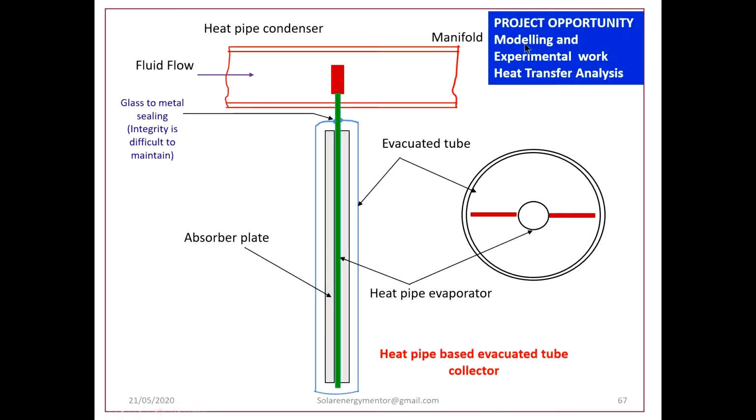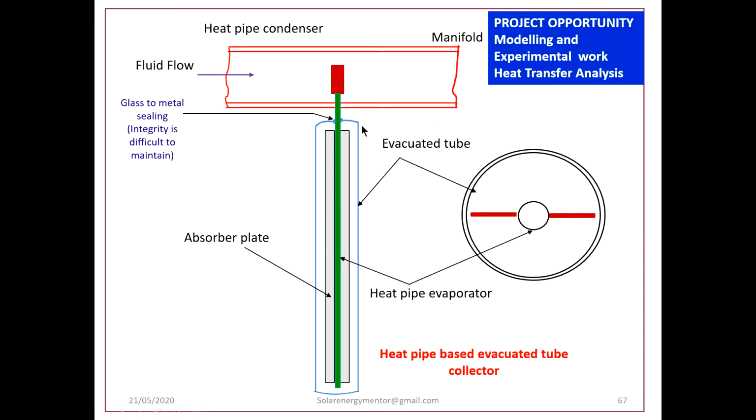And then modeling: how to model the heat transfer analysis, how to model the thermal working of this heat pipe, and then further heat analysis, what would be the overall heat loss coefficient from this assembly. So these heat pipes are still not popular because of two reasons.